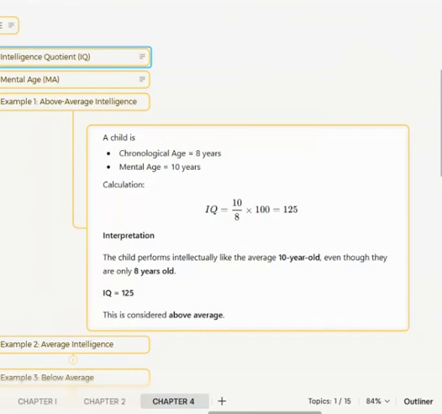I just want them to really understand what mental age is and what chronological age is. The chronological age means the exact age, which you can check from their birth certificate. But mental age, the word mental, it means inside them.